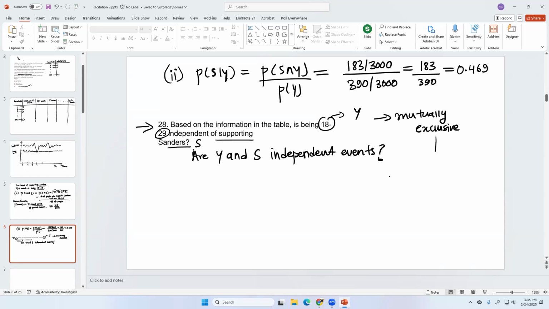Mutually exclusive means the two events cannot happen at the same time, right? One example will be when you pick a card out of a deck of cards, you cannot choose a heart and a spade at the same time, right? So those two events are mutually exclusive events.